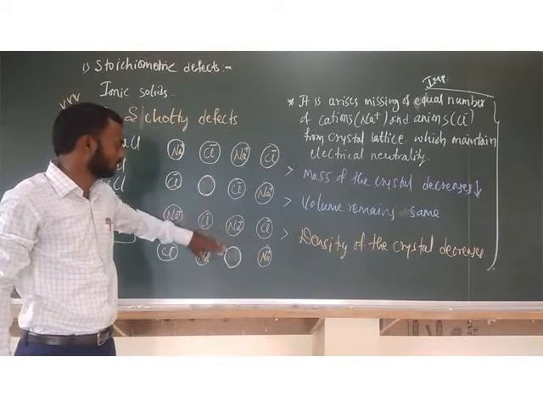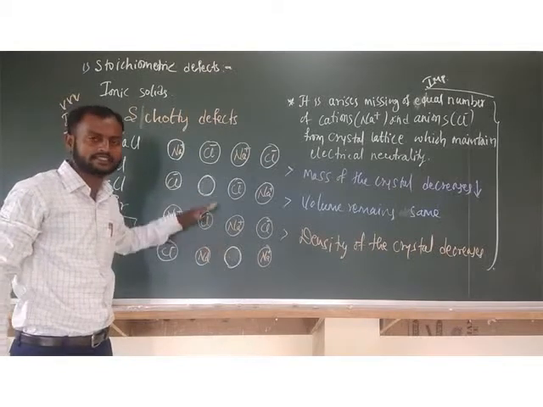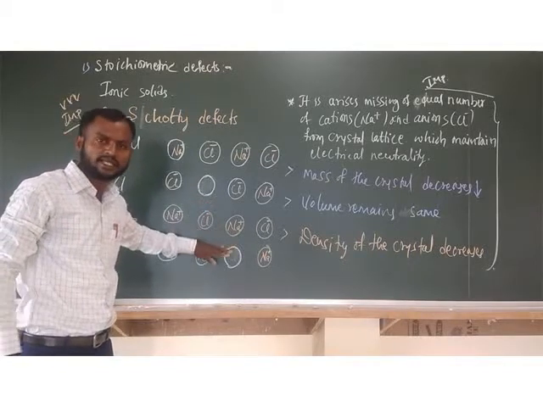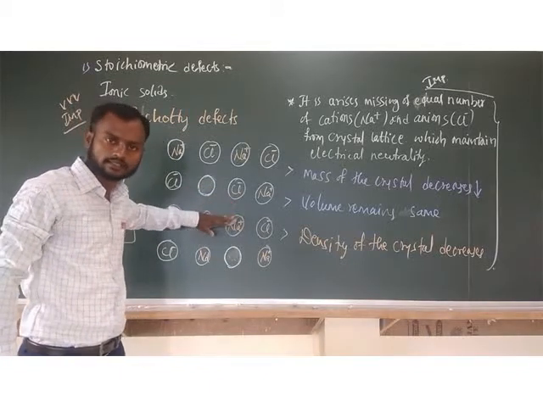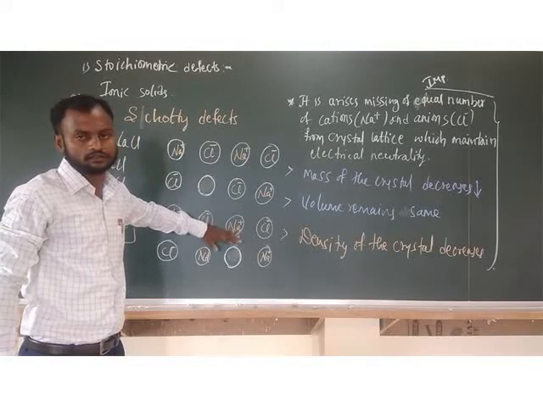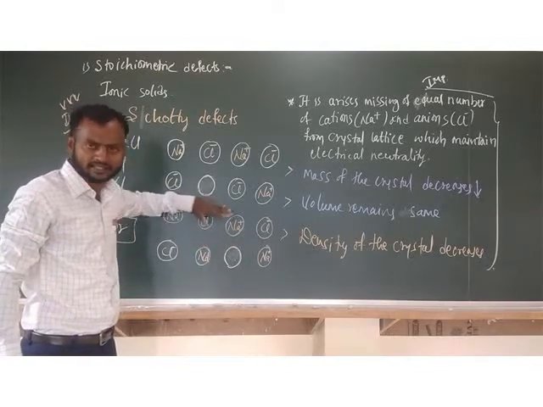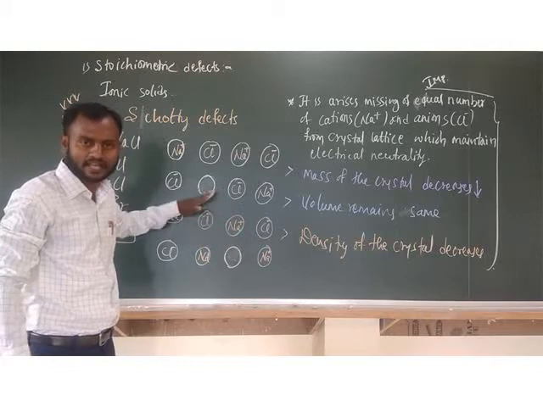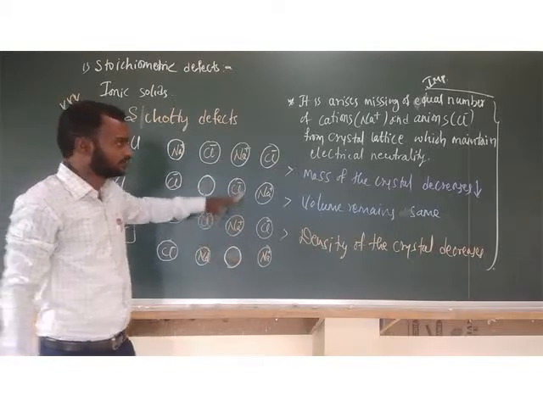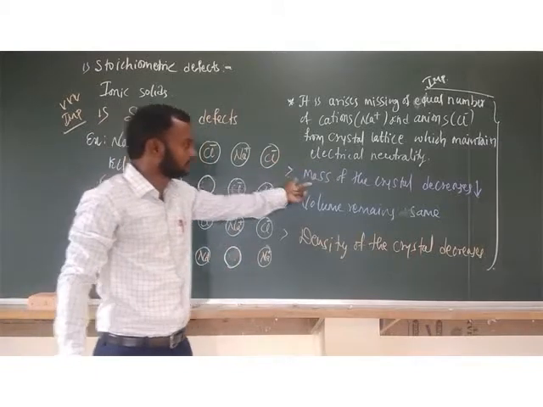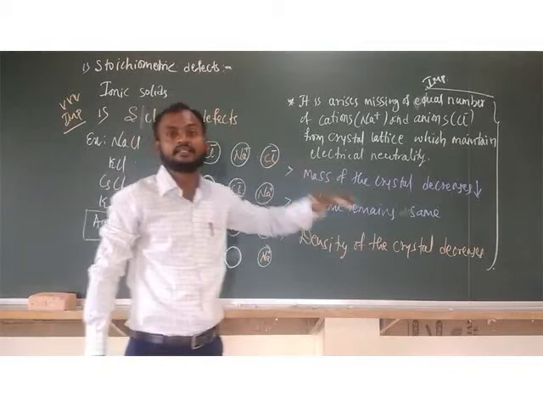Due to the equal number of cations and anions missing from the lattice sites, electrical neutrality is maintained. Clear? Due to the missing of positive and negative ions, or cations and anions, or Na plus and Cl minus ions, the mass of this crystal decreases.